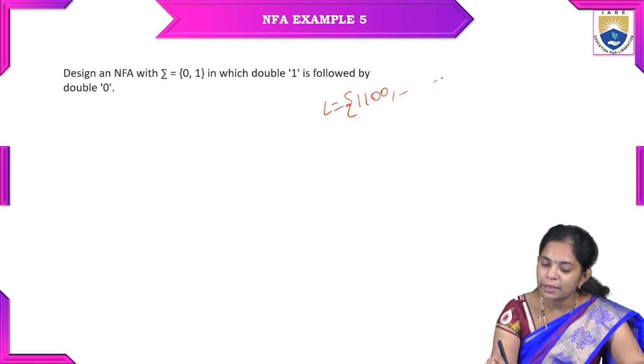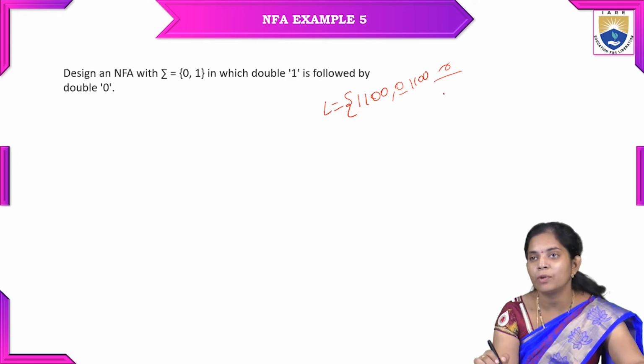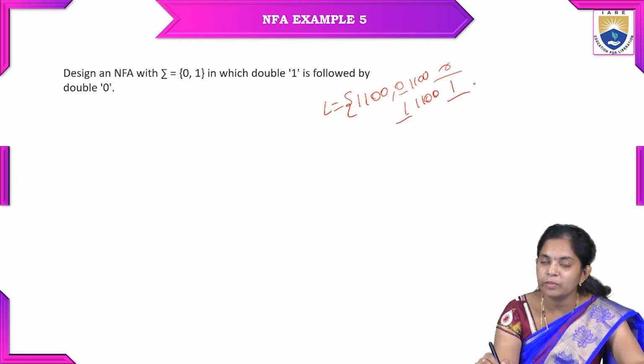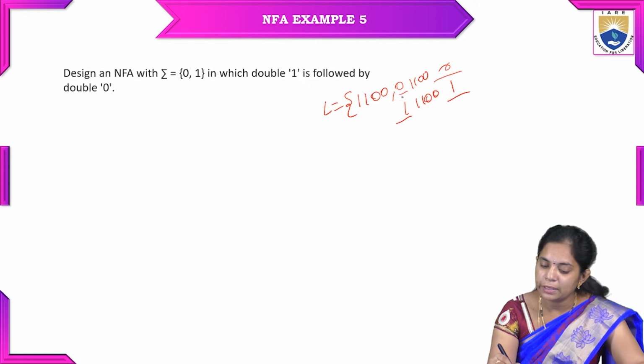Next, double 1 followed by double 0. So we can add a starting and ending part. The condition must be satisfied: double 1, double 0. Double 1 is followed by double 0. And we can also form double 1, double 0 with the starting and ending changed. Either 0 or 1 can be used, and we can also use them multiple times: 0, 0, 1, 1, 1, 0, 0, 1, 1, 0, 0.